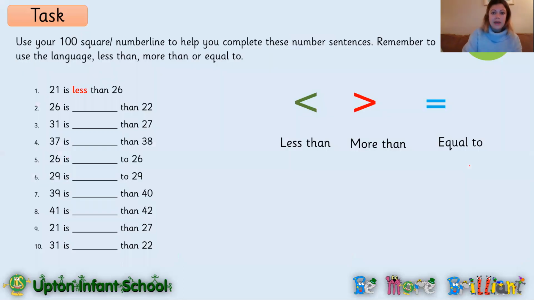Okay, so here are the screens for you to pause the video on. Here's your green challenge and the first one has been done for you. So pause the video here if you want to do the green challenge, and you can write these answers straight into your home learning book, or you can have a practice on your whiteboard first, and this should take you about 20 minutes and we'll come back and check the answers then.